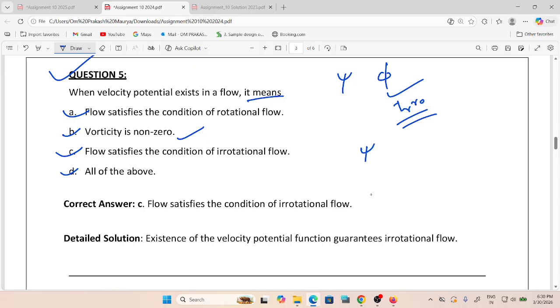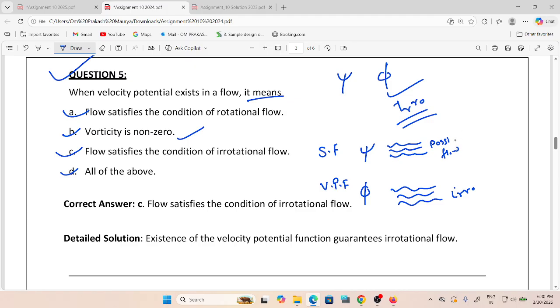You have phi and you have psi. This is your stream function and this is your velocity potential function. If in a fluid flow your phi exists, it means your flow is irrotational. If in a fluid flow the psi exists, it represents the possible flow.